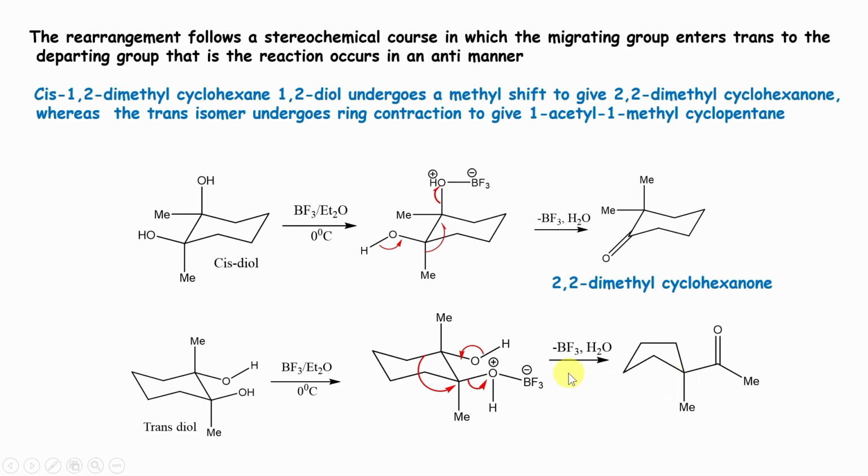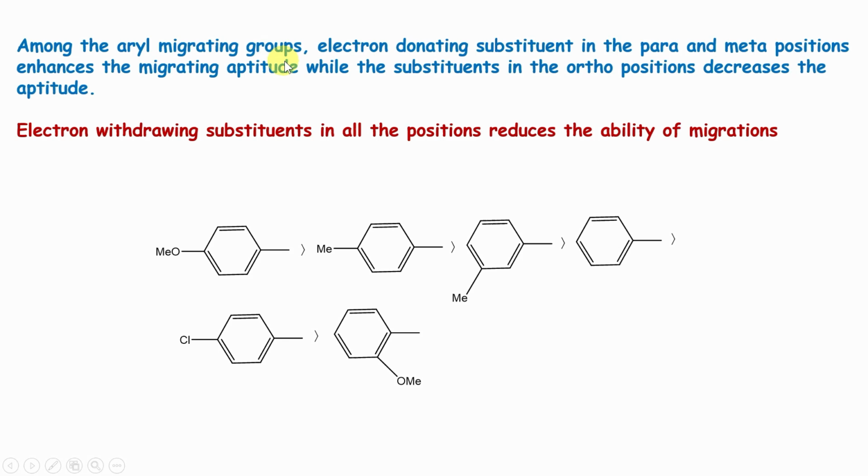Okay, and so we can say the rearrangement follows a stereochemical course in which the migrating group enters trans to the departing group. That is, the reaction occurs in an anti manner. Among the aryl migrating groups, electron donating substituents in the para and meta positions enhance the migrating aptitude, while the substituents in the ortho positions decrease the aptitude of these aryl groups.